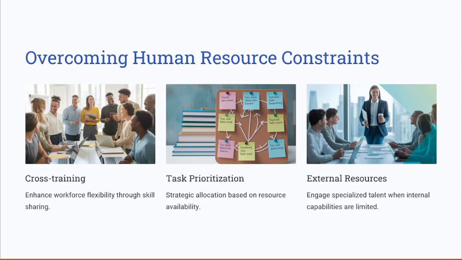Now let's talk about overcoming the human resource constraints. Human resource constraints such as skills shortages can be mitigated through strategies like cross-training team members to handle multiple roles in critical situations. Also external resources such as consultants or contractors. So you may hire a consultant or a contractor to complete a certain part of the project if you don't have enough experienced team members.